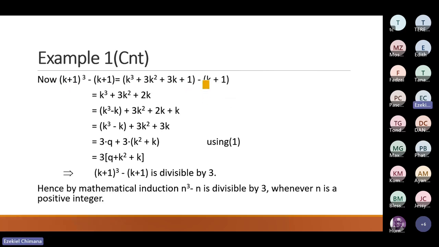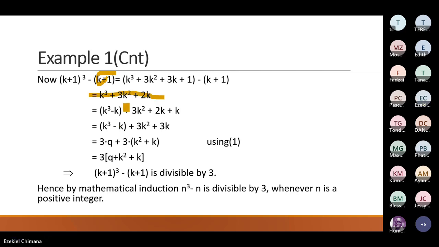And then minus this part, which is k plus 1. If you multiply this with a minus, you get minus k minus 1. So you find out that the plus 1 and the minus 1 is 0. And then 3k minus k is 2k. So you end up having this thing.